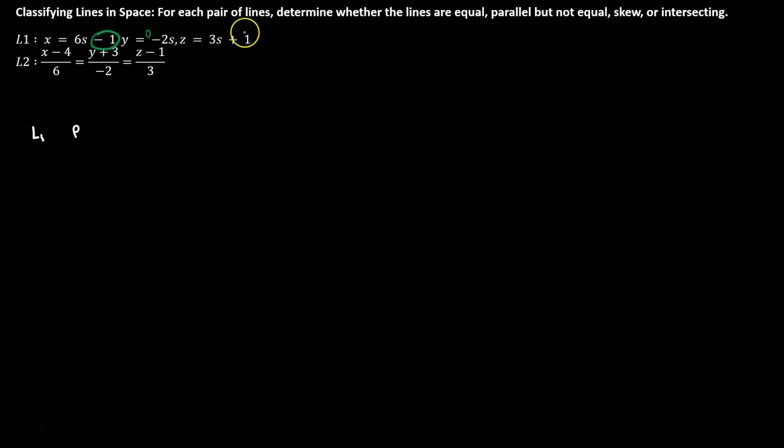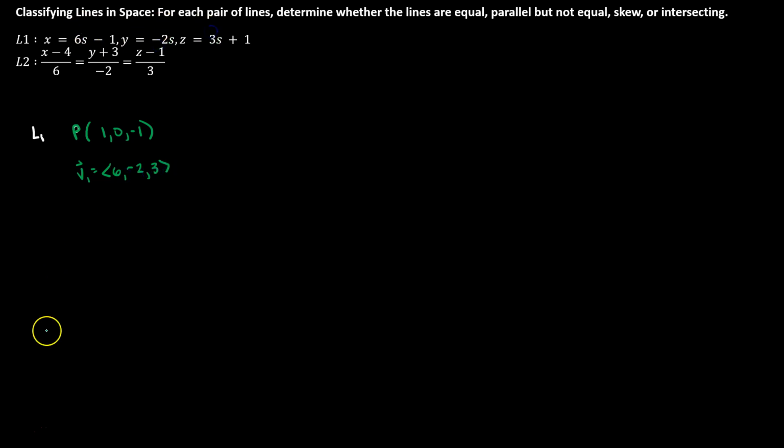From the z equation, we have a +1, which really means that we have a negative value for that. So our p is at -1, 0, +1, 0, -1. And then for the vector v from line 1, it's coming from the coefficients on all of the parameter terms. So 6, -2, and 3.